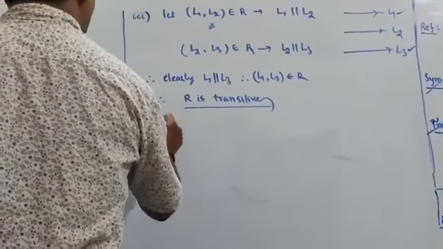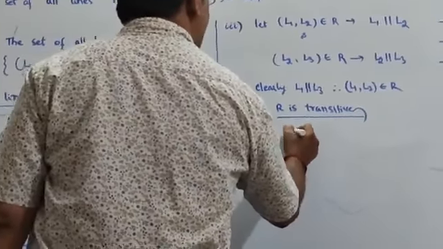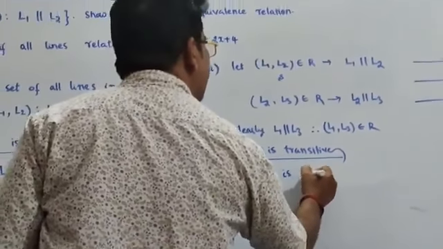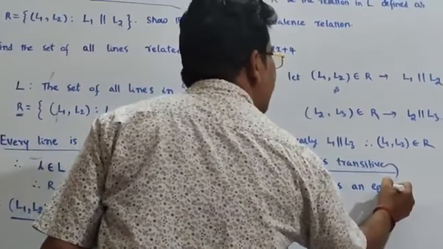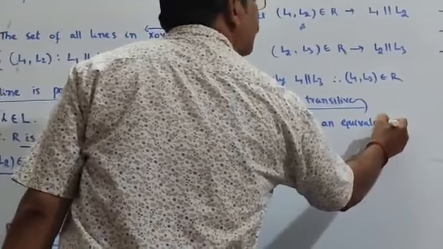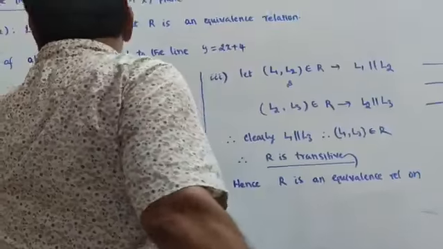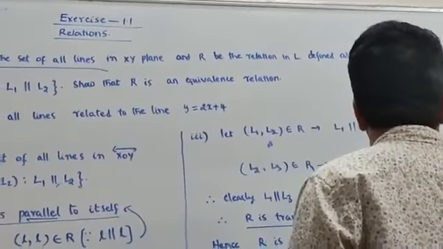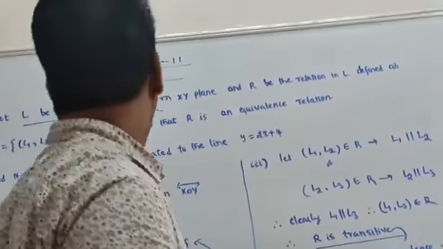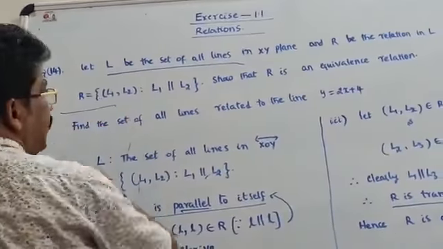Hence capital R is an equivalence relation on capital L. Okay, this part is finished.